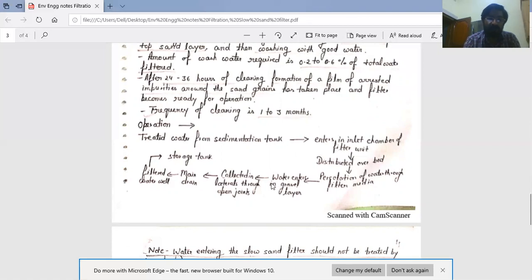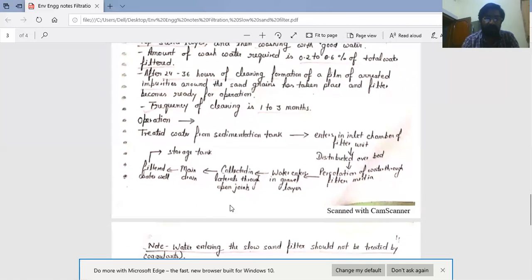From the gravel layer it is collected in lateral pipes through open joints, from lateral pipes to the main central drain, and from the main pipe to the filtered water well. The filtered water well pumps to the storage tank, and then the water is used. This is the operation of the slow sand filter.